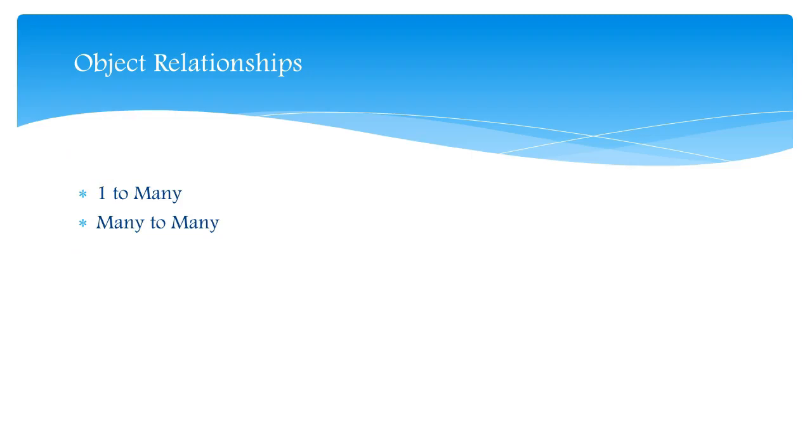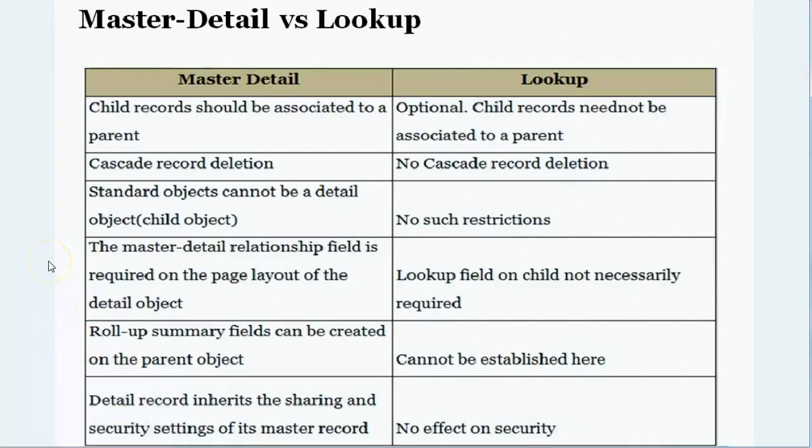Let's understand the difference between master detail and lookup. In master detail, child records should be associated to a parent because it is a tight bonding. Lookup is basically a loose bonding, meaning not all child records are associated to parents. There may be scenarios wherein child records are not associated to their parent records.